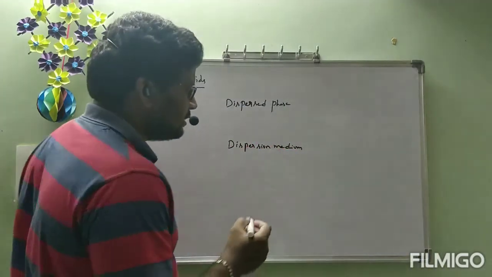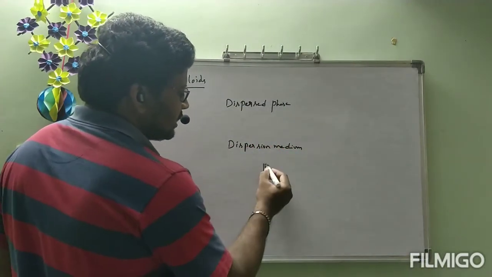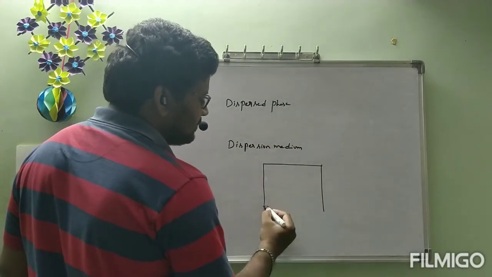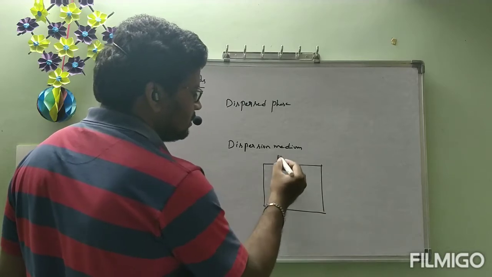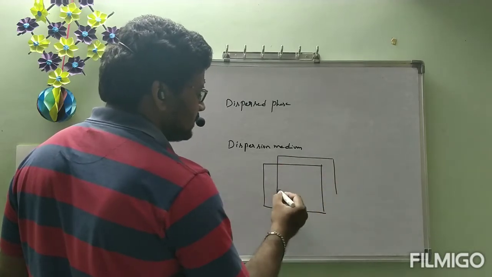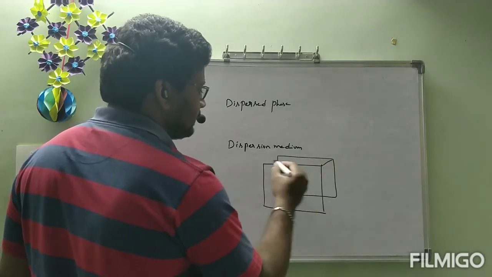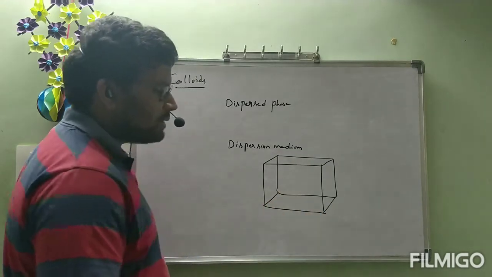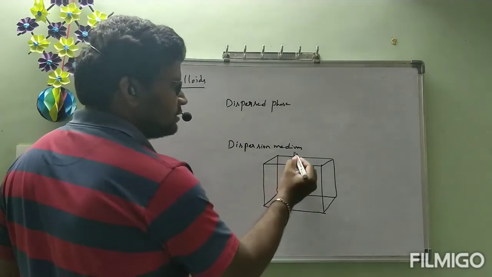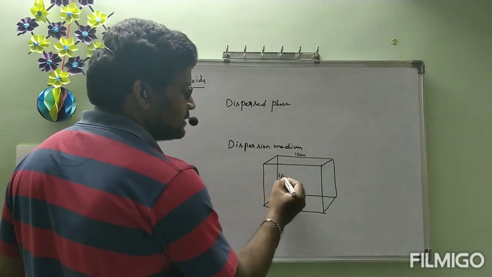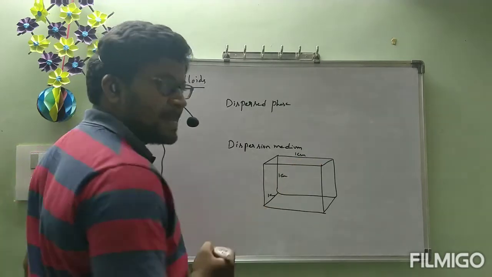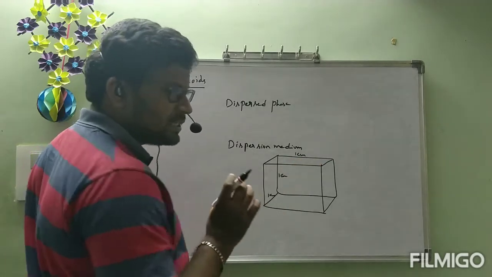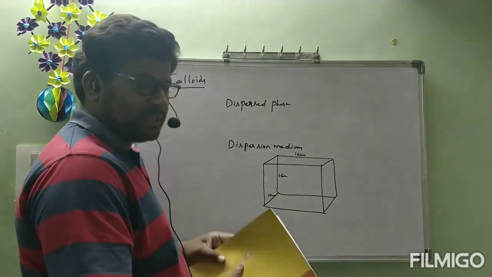They are telling that if you imagine a cube with 1 centimeter dimension, 1 centimeter here, 1 centimeter here, and 1 centimeter here.